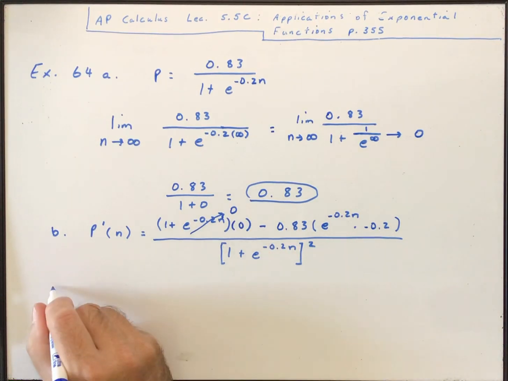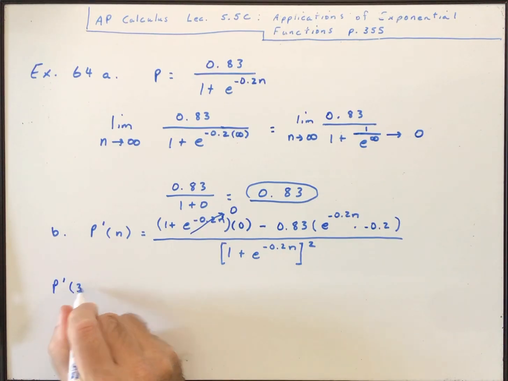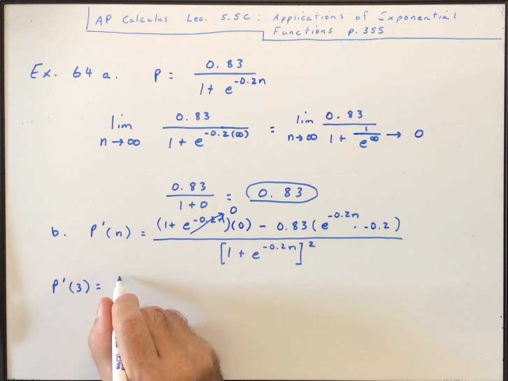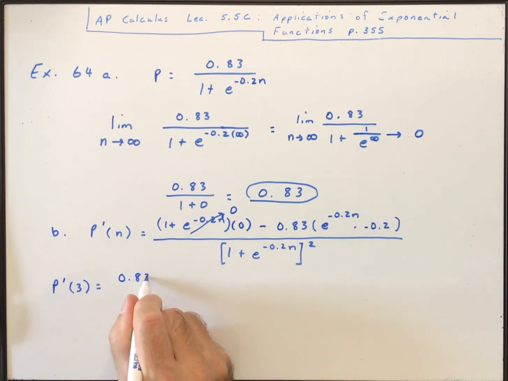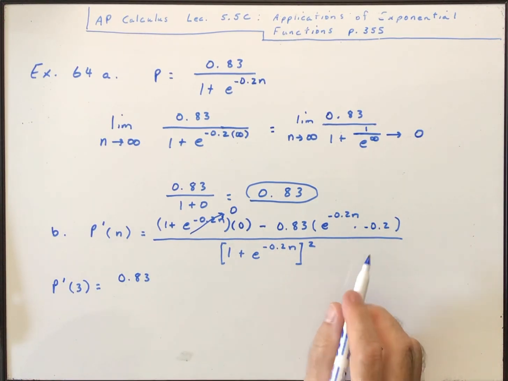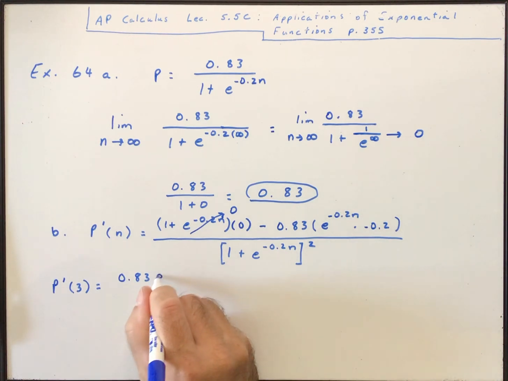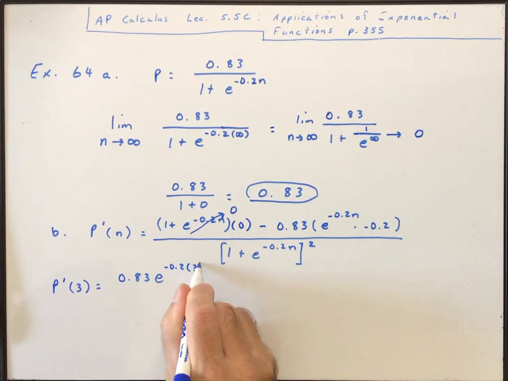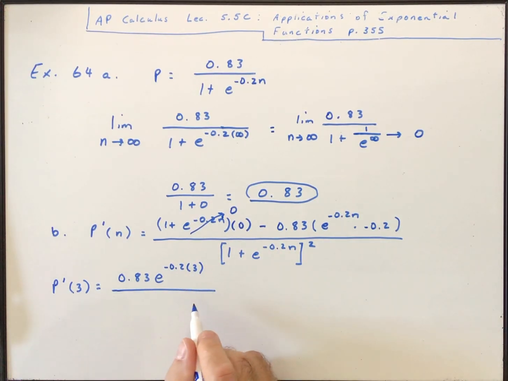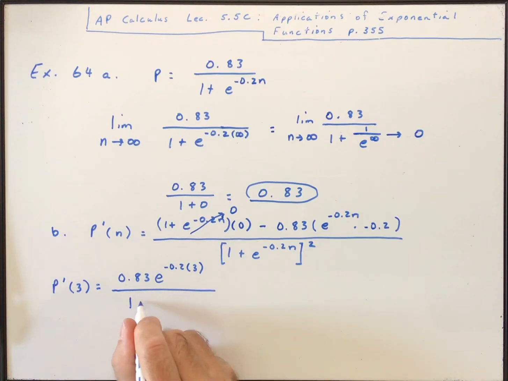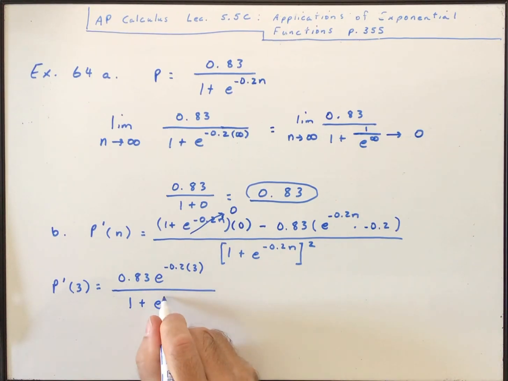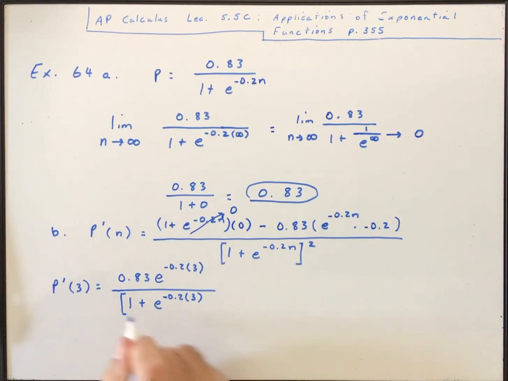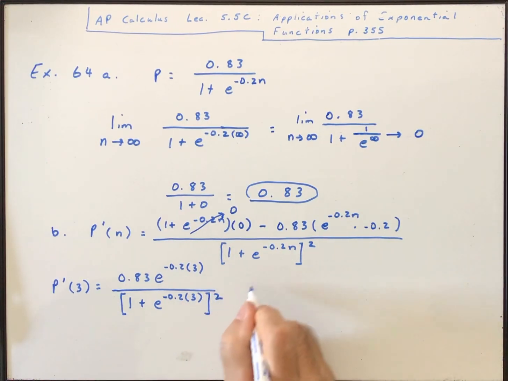So what we're going to plug in, P prime of 3 is going to be 0.83, because those two negatives cancel out, times e to the minus 0.2 times 3, over 1 plus e to the minus 0.2 times 3, all squared.